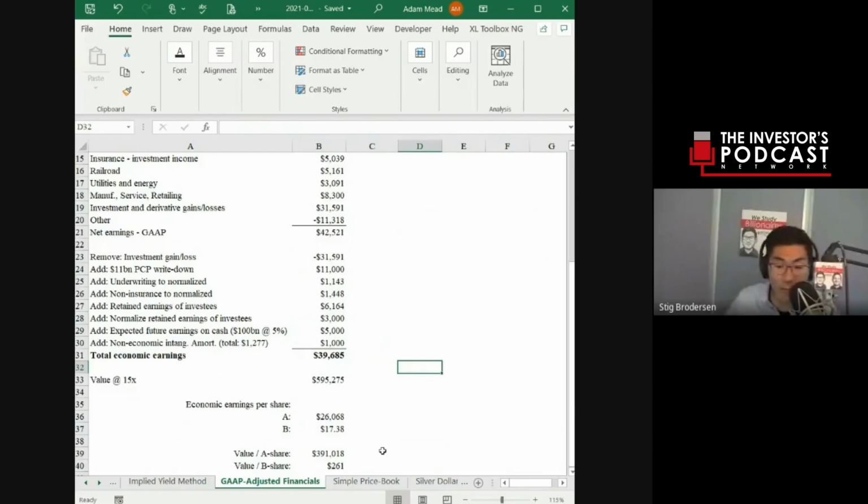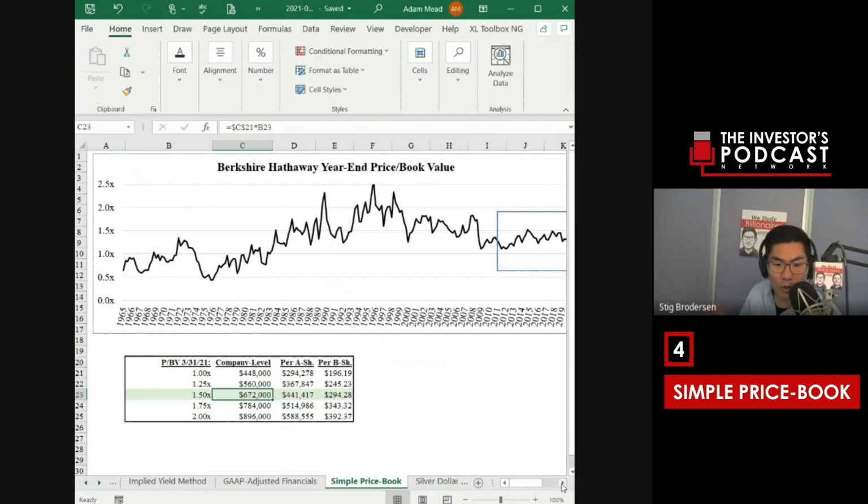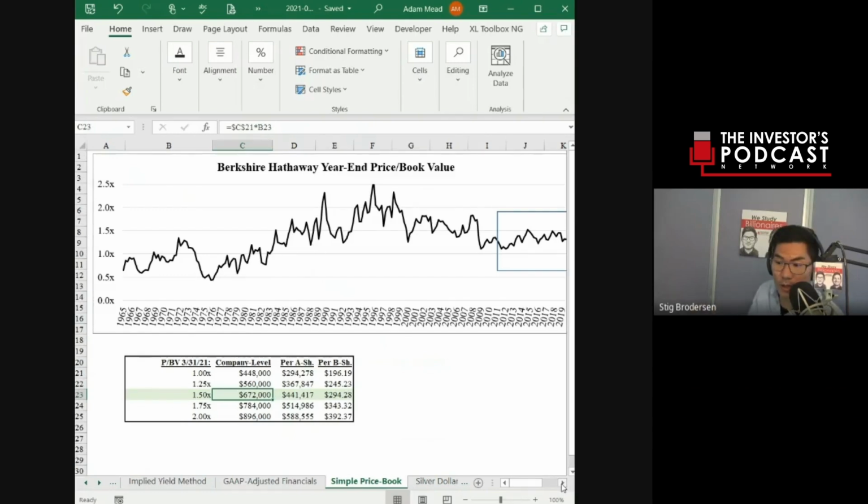Perfect. And Adam, let's go to the final valuation approach, the simple price to book. One of the reasons why I find this really appealing is that for those of us who might not be too into accounting, and I should be careful what I'm saying here because I actually wrote an accounting book, so I don't know if I can put myself into that category. But whenever a lot of viewers are seeing the GAAP-adjusted financials and think, oh my god, that looks intimidating, perhaps they've dug into some of Warren Buffett's letters, and he talked about the price to book.